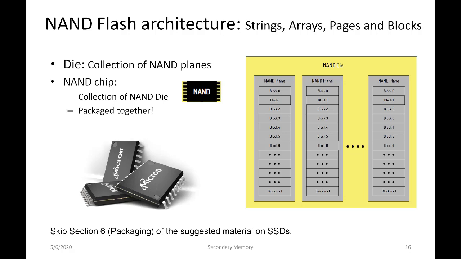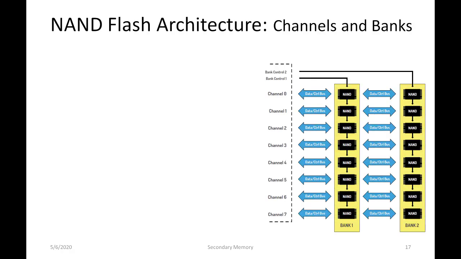That's not the main focus from the architecture perspective. We just assume that there are multiple such chips available to us. Going further, we have a set of such chips. They are arranged into channels and banks.